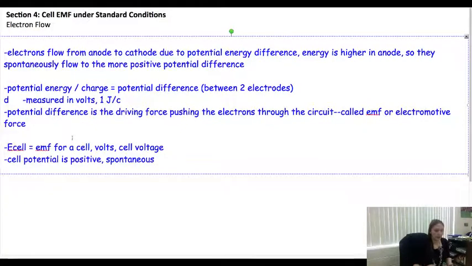So any positive cell potential is going to be a spontaneous reaction, something that is just going to occur. And again, remember that we're talking about one direction, whether you're gaining electrons or losing electrons, either the reduction or the oxidation.